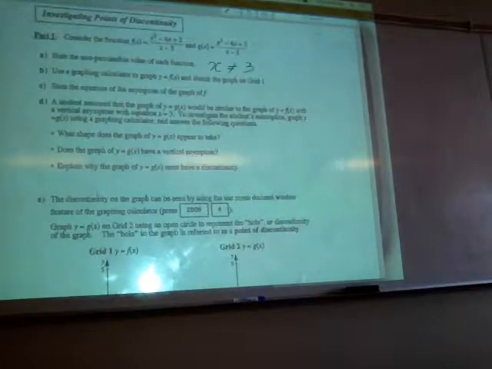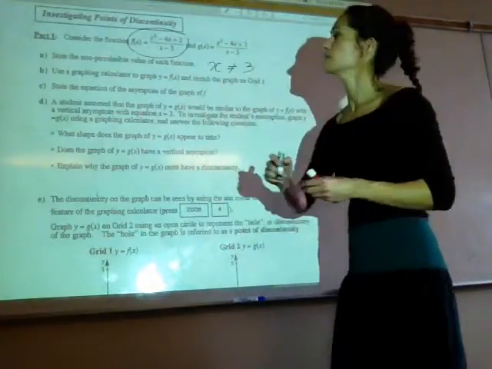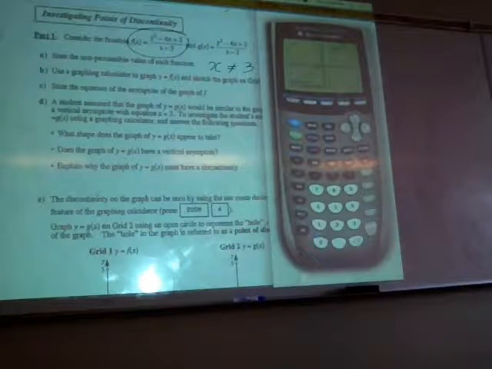On grid 1, could you guys graph f of x? Okay, so you can use your calculator help. And I'm just going to put the numerator in brackets too, just to be sure. x squared minus 4x plus 2, divided by x minus 3.